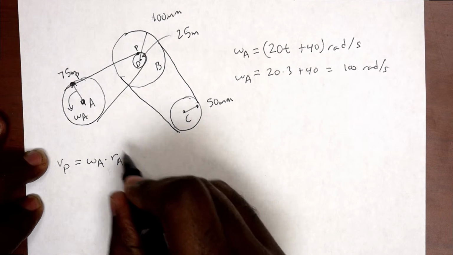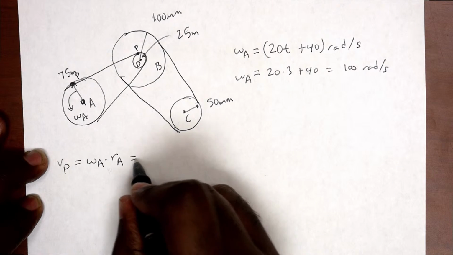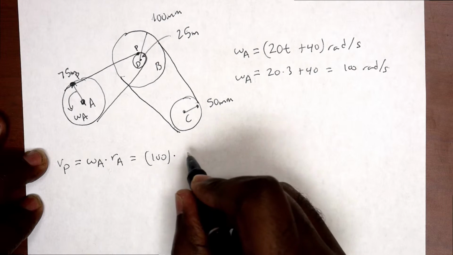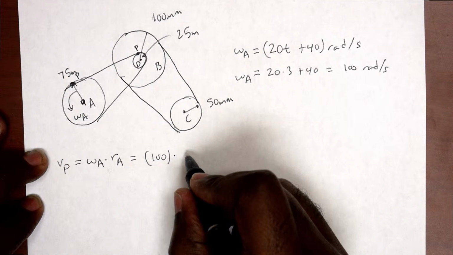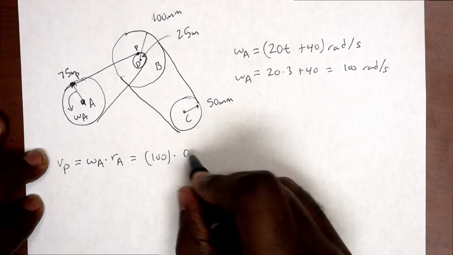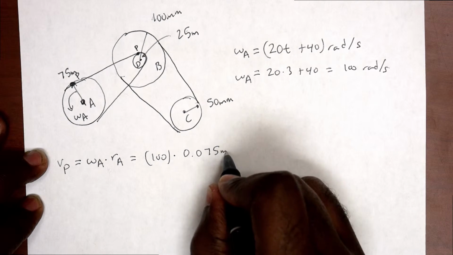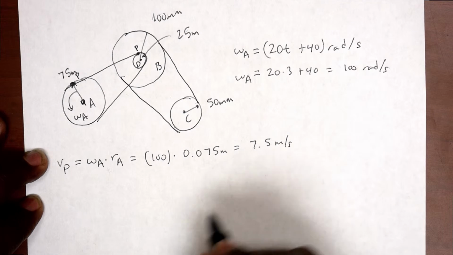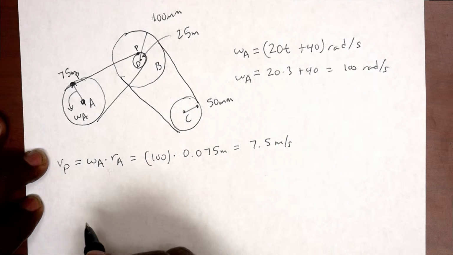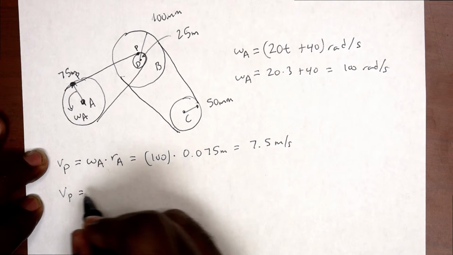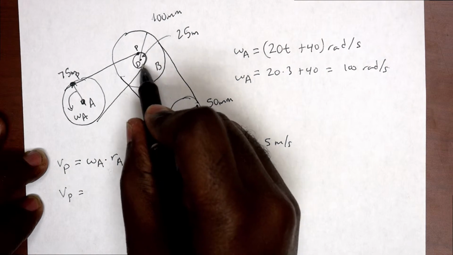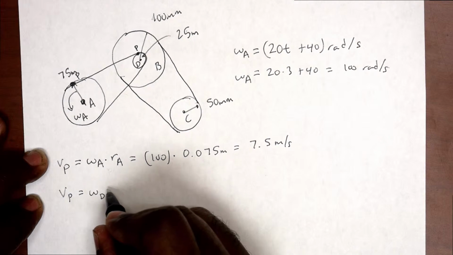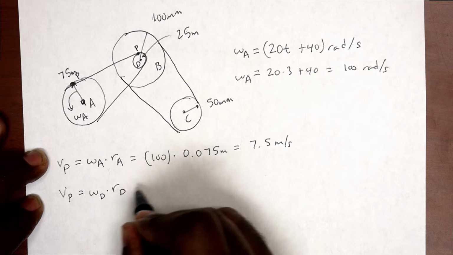So we can actually solve for the velocity at this point P, and that's 100 radians per second times a radius of 75 millimeters. So that's 0.075 meters. And so we get a velocity of 7.5 meters per second. And we know that velocity is equivalent to the velocity on pulley D. So we can say omega D dot RD, all right?